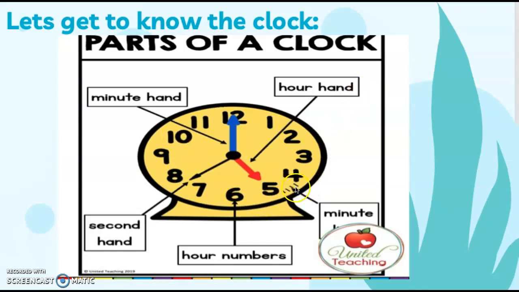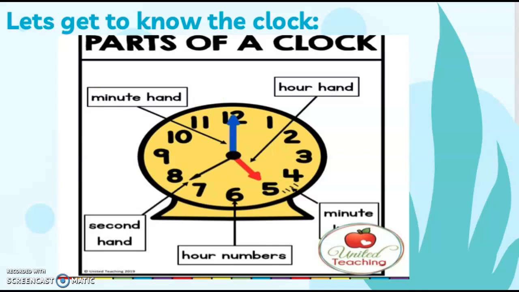And if you look, there's a small tiny scale around it, that's the minute number. In this video I'll refer to the minute hand as the long hand, and the hour hand as the short hand, so you won't get confused.